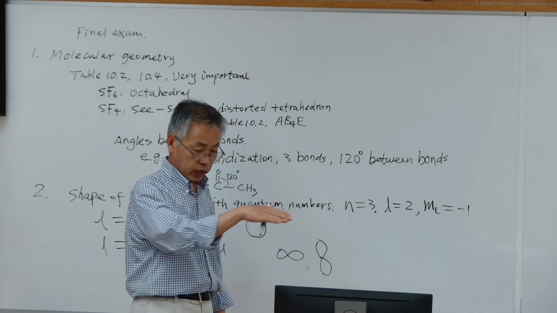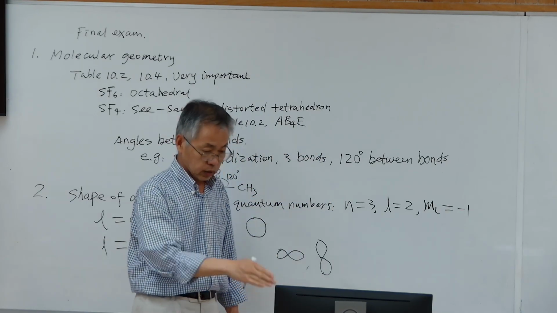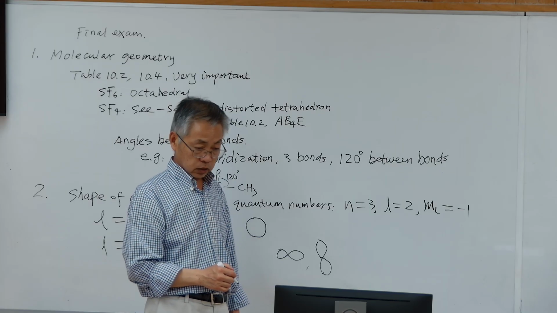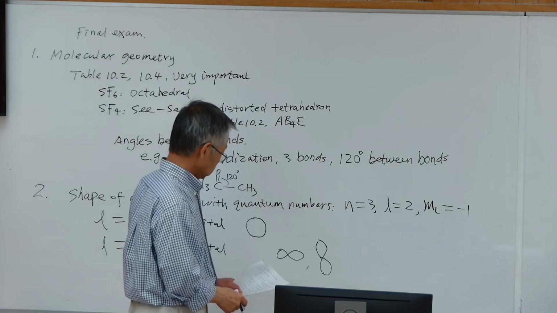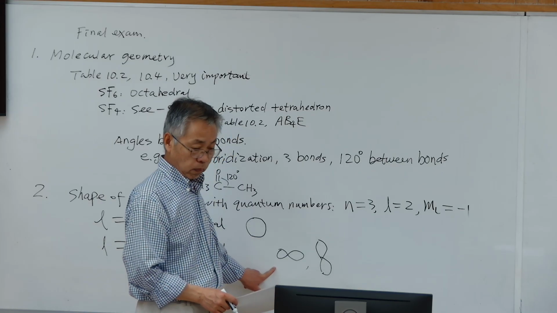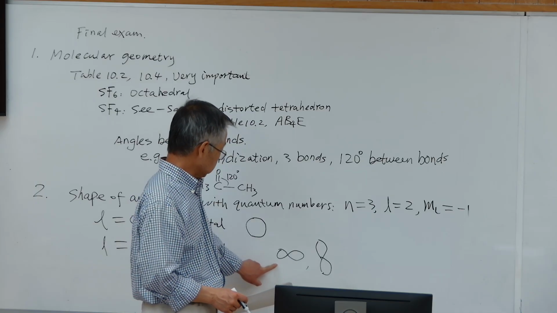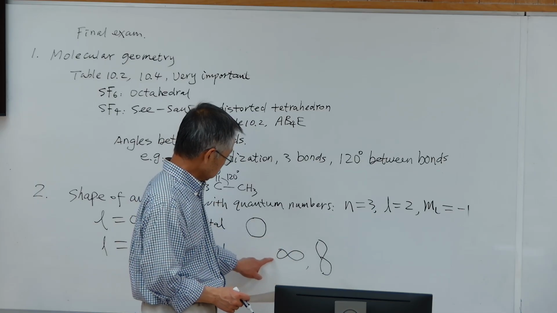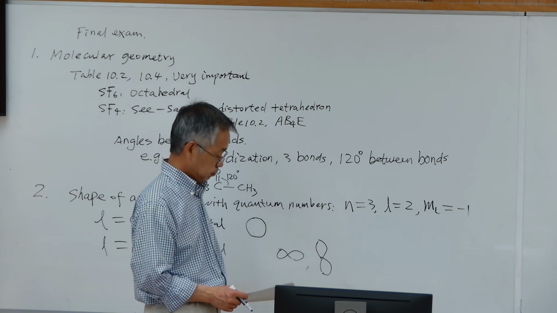Anyway, x, y, and z. This is 3 dimensional in space. The shape looks like a lobe, or 2 balls stuck together. So the electron travels on the surface of this lobe.